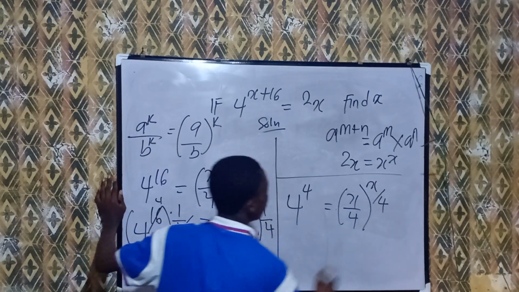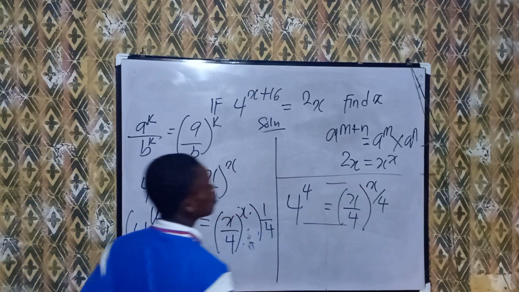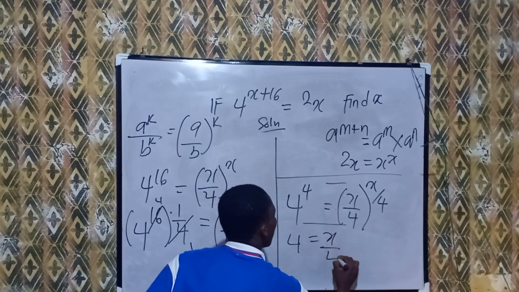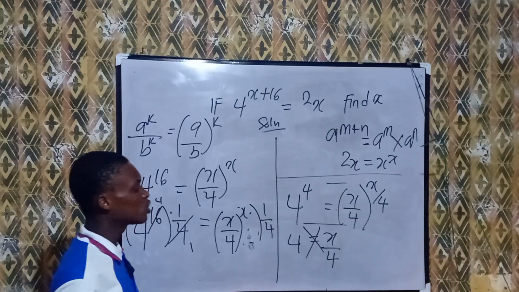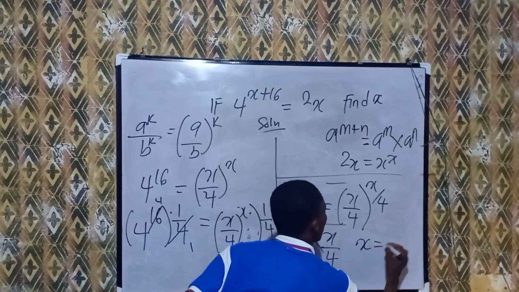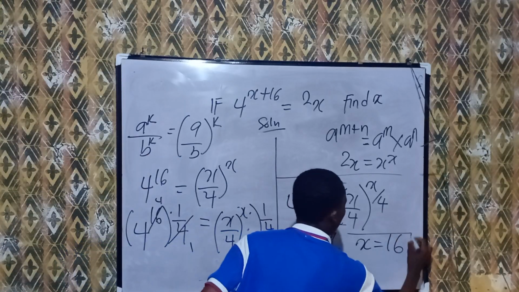X over 4. So clearly, what can we see? That this is equal to this and this is also equal to that. So this becomes 4 equals x over 4. So if we cross multiply both sides, we find out that 4 times 4 gives us 16. So x equals 16. And this is the right answer.